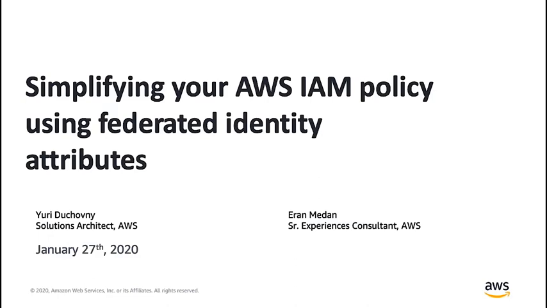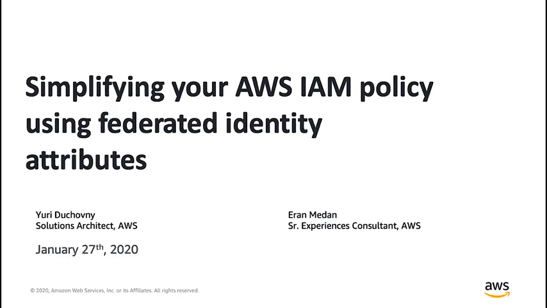Today, we will talk about how you can simplify your AWS IAM access control policies using a new IAM feature called session tags. As you may already know, you can tag AWS resources and even tag AWS IAM users and roles. And today, we'll talk about a new feature that allows you to tag IAM sessions when a user logs in using a federated identity with either SAML or OpenID Connect.